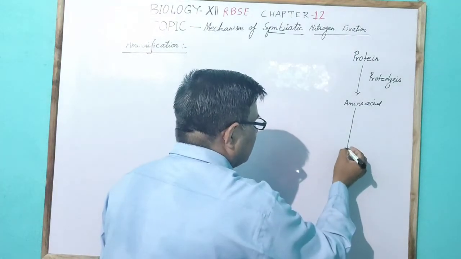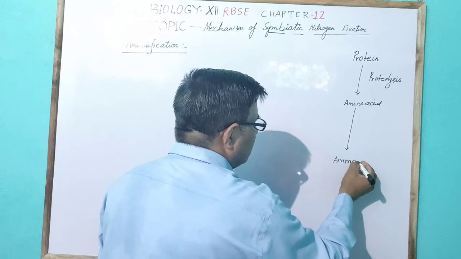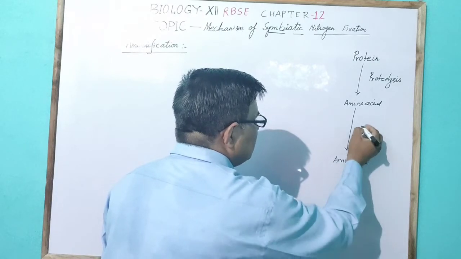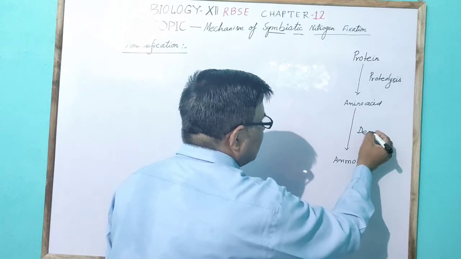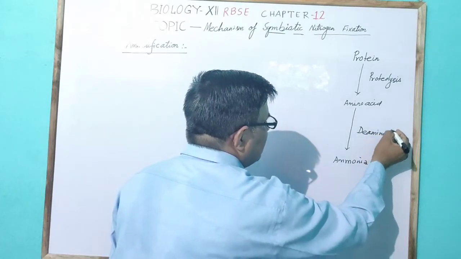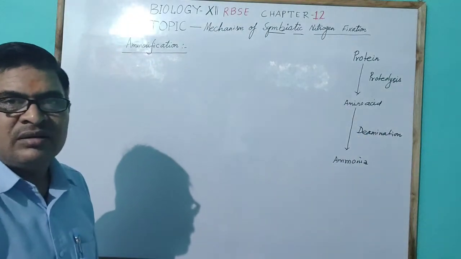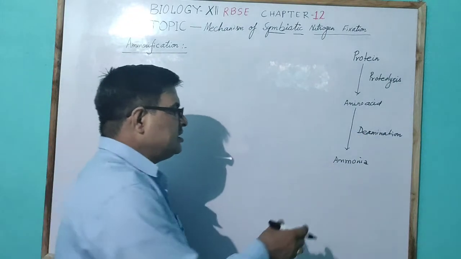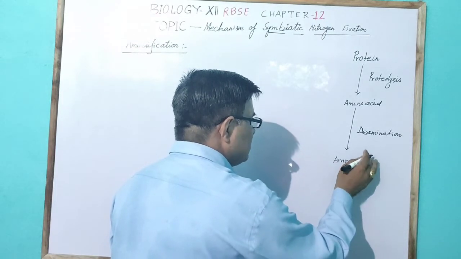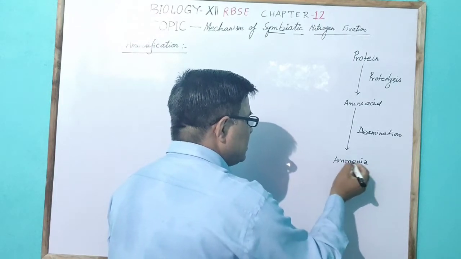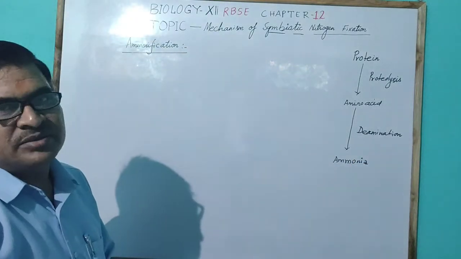Later on, this amino acid changes into ammonia. This step is called deamination. So protein again changes into ammonia, and this ammonia reaches the environment.